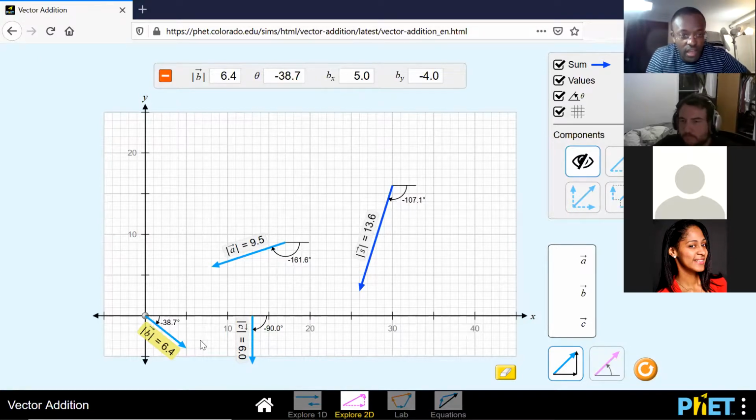X component is 5 because if you project it onto the x-axis, you see it's 5 squares away from the origin in the positive x direction. And its y component is negative 4 because it's exactly 4 units down from the origin in the negative y direction. 1, 2, 3, 4.